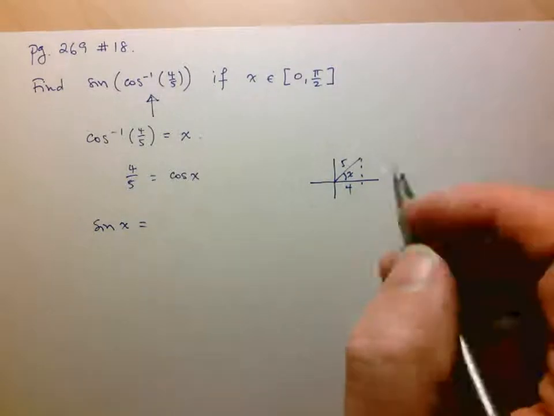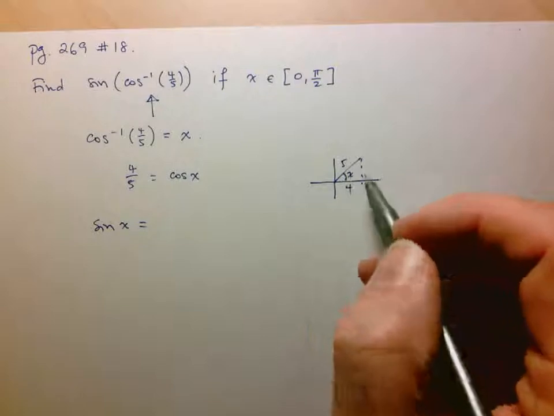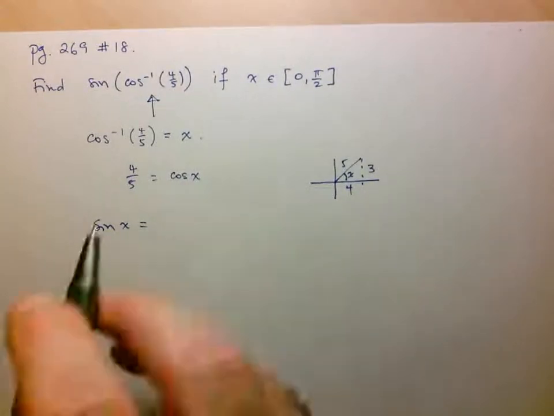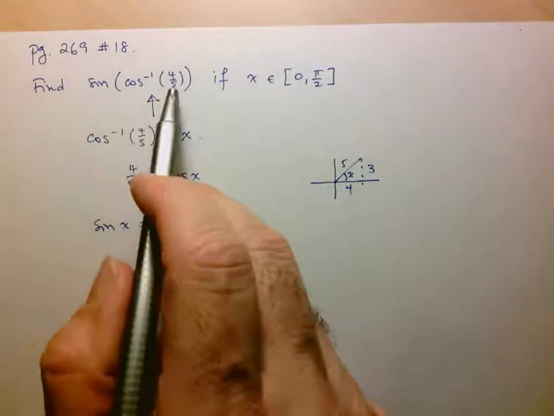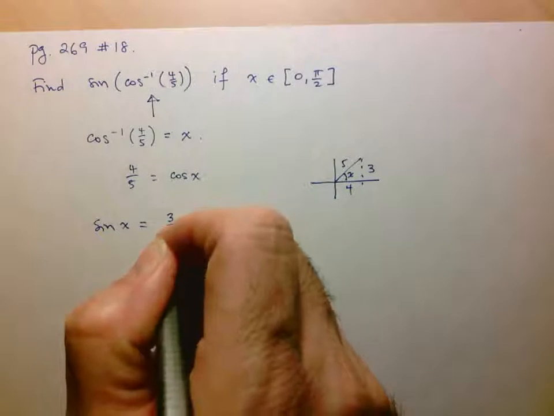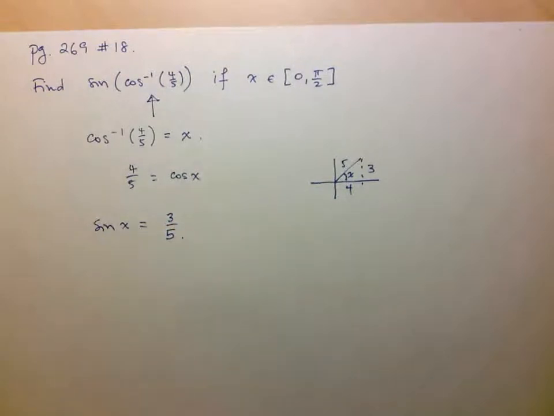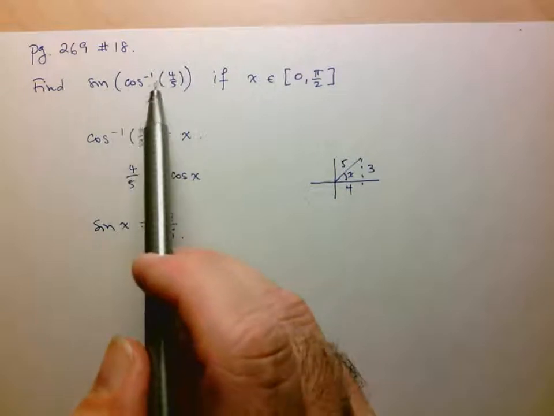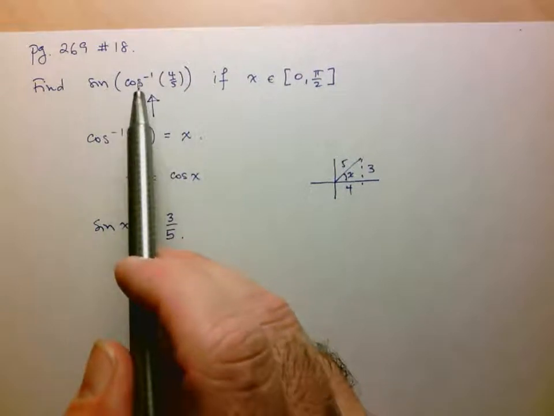I don't think there's really any work to do. Hopefully we can all see that this is the 3, 4, 5 triangle. So the sine of cos inverse of 4 over 5 is just going to be equal to 3 over 5.